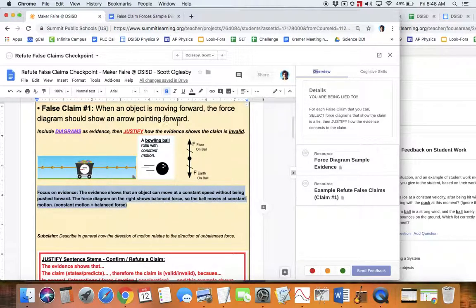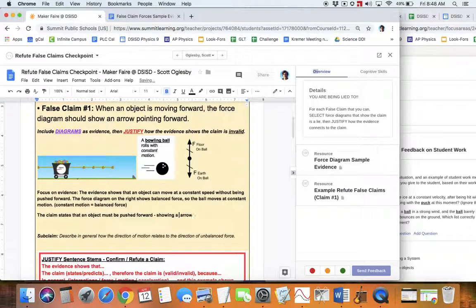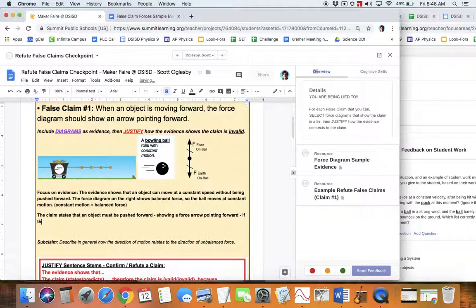I haven't referred to this claim at all, but I'm going to do that next. This says the claim states that an object must be pushed forward, showing a force arrow pointing forward, if the object is moving.